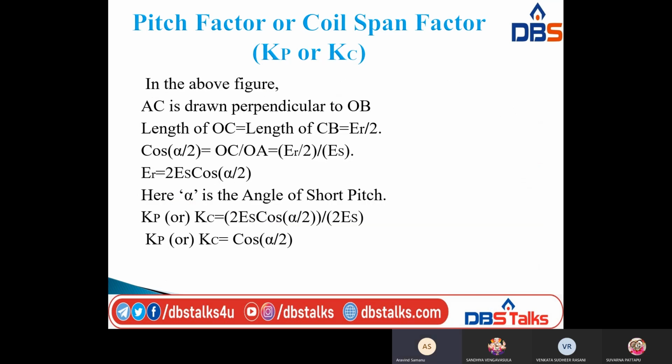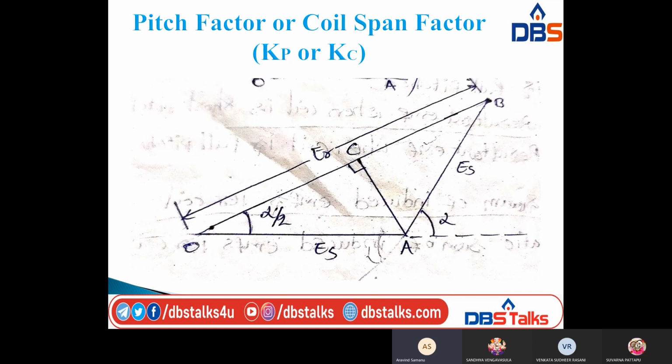That is equal to, already we have the OC value, that is ER by 2. If you observe this diagram, for OB we have ER, and it is divided into two parts, OC and CB. OC is ER by 2 and CB is ER by 2.